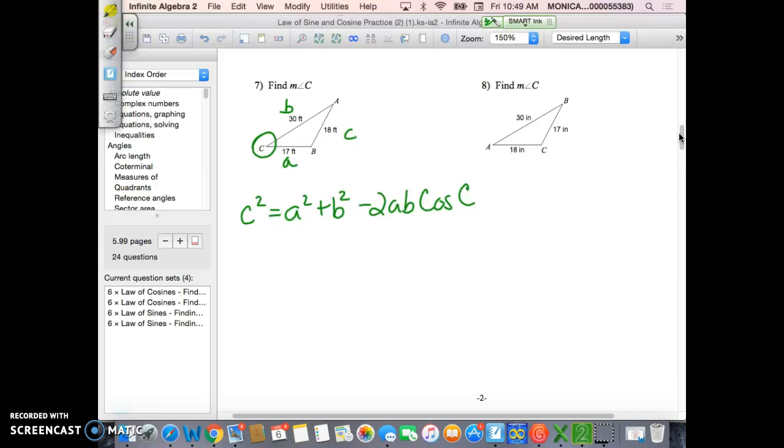C squared is 18 squared equals 17 squared plus 30 squared minus 2 times 17 times 30 times the cosine of C.